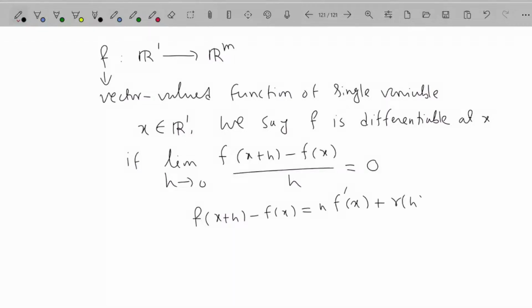This limit is a zero vector. Although we are using this notation, notationally you have to think about that. This is a vector, so it will be a zero vector, not a real number zero.